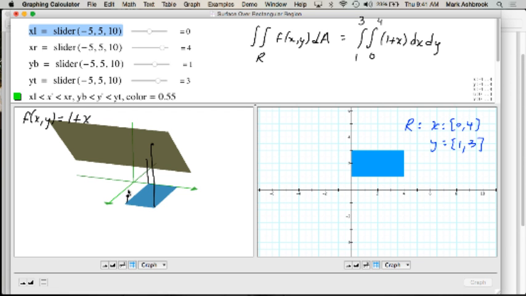Is everything showing up? Oh, I was doing so good. Does that look right? Something's wrong at the top.